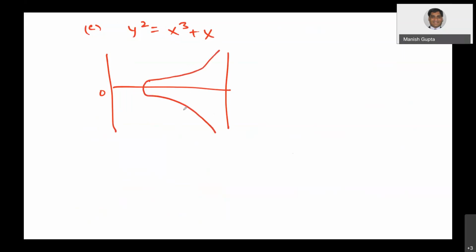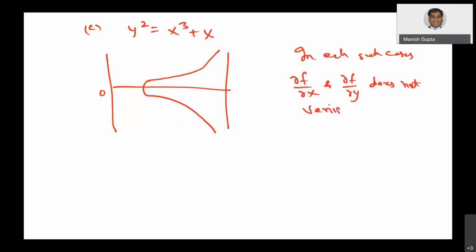Okay, so in each of these cases, del f over del x and del f over del y do not vanish simultaneously at every point on these curves.